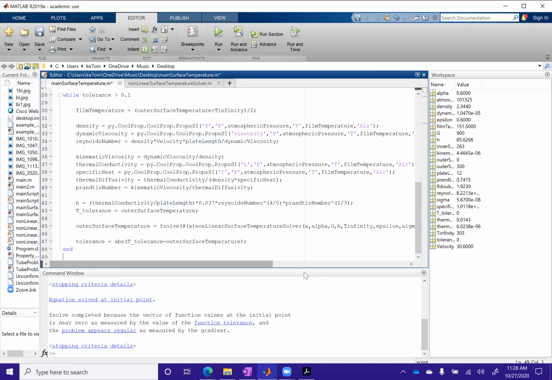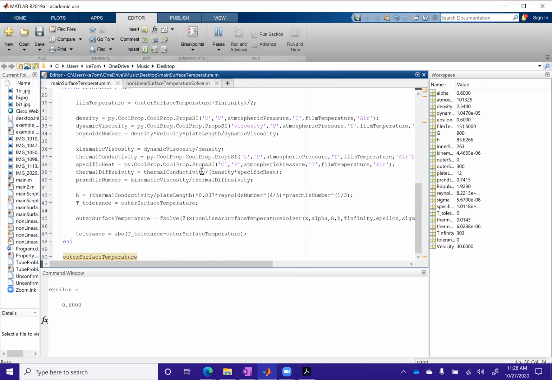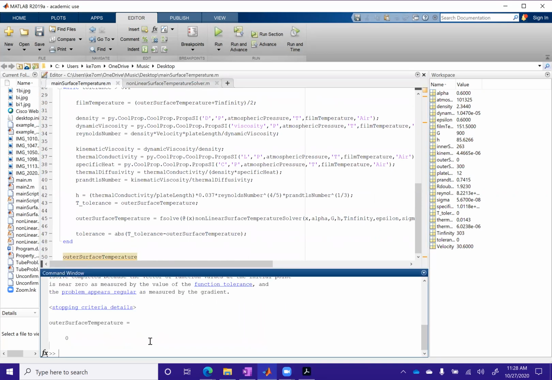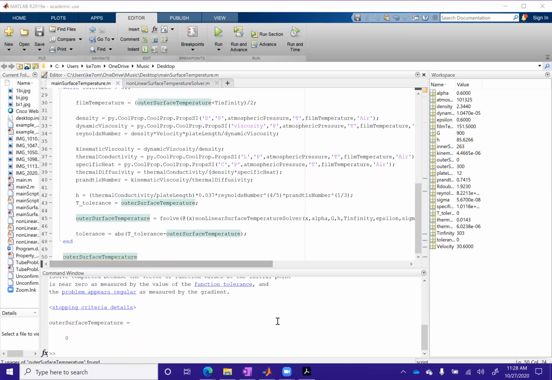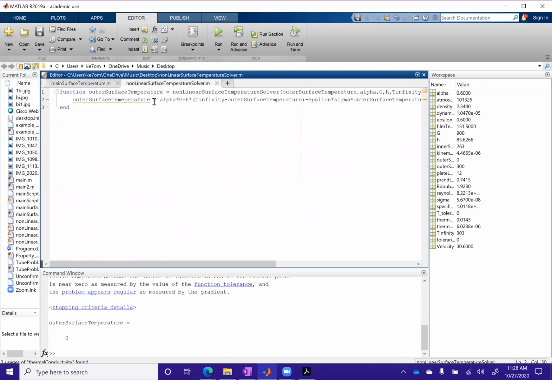And actually what I would probably do, just to make it easier, is print the value once this loop has stopped. Oh dear, outer surface temperature is equal to 0. That's not right. So let's see. I'm going to just double check this.